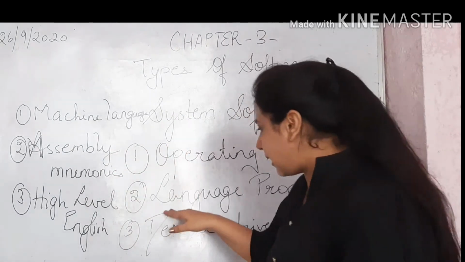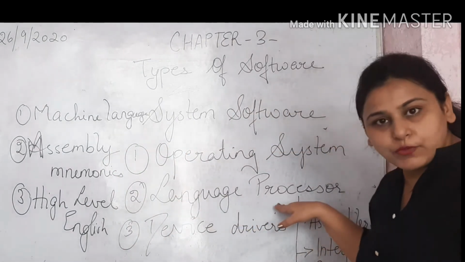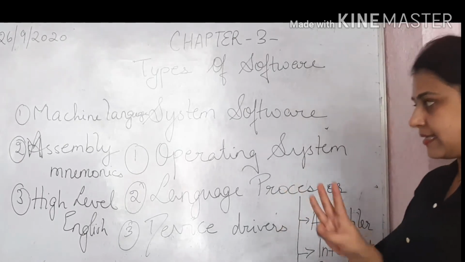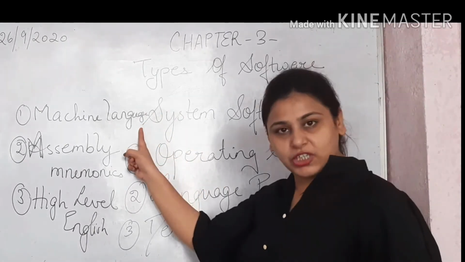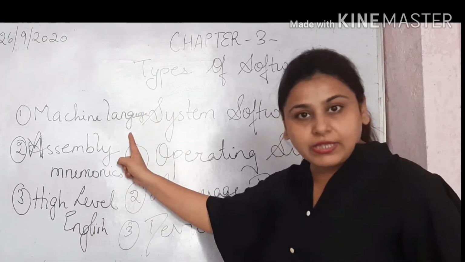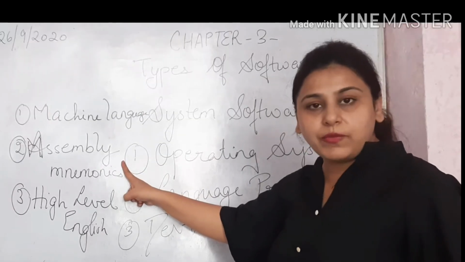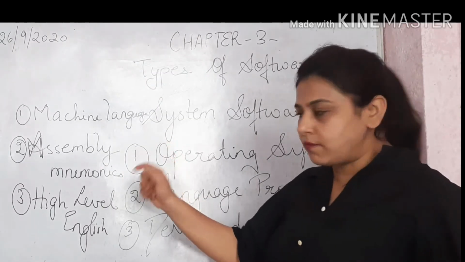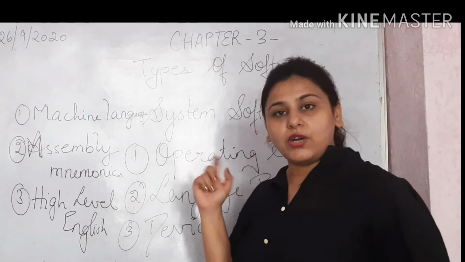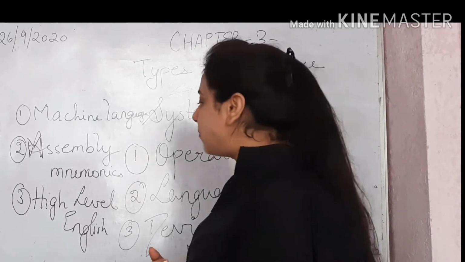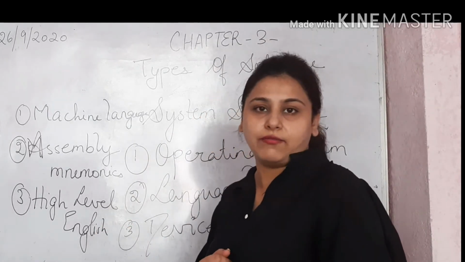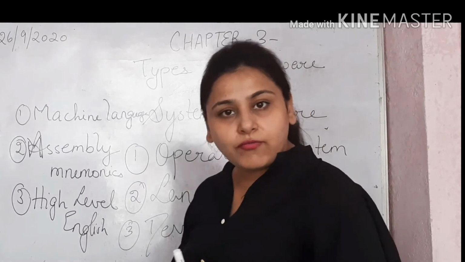Clear? The second system software, language processor. As there were three languages, first came the machine language. It was very difficult. Then assembly language, where we made use of mnemonics, the short forms. Then the third one that programmers are using today, that is high level language, because it is simple, in the form of English.